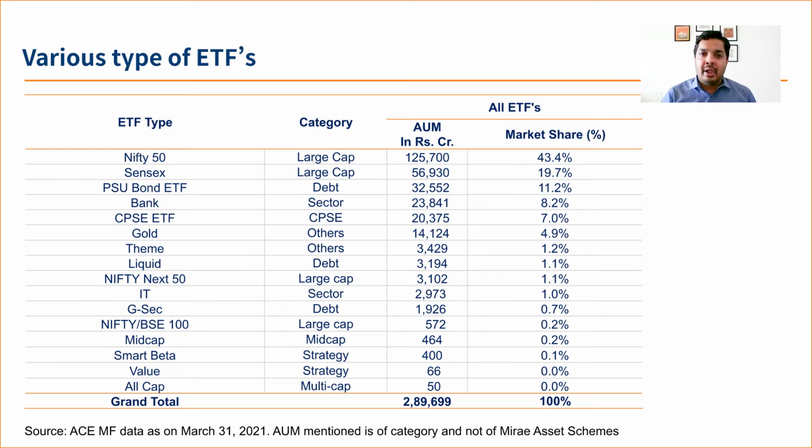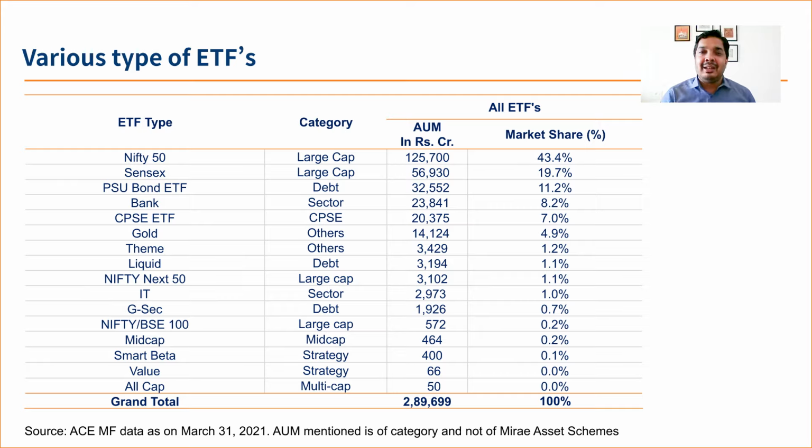There are even smart beta based ETFs in the market. But right now, they are not that popular. The AUM is not that high because, as I said, the Indian ETF market has just begun its journey. Investors are still understanding the benefits of ETFs and how to invest in them. And by that logic, the first point of investment and understanding is always broad market based ETFs, and we are seeing the popularity there.